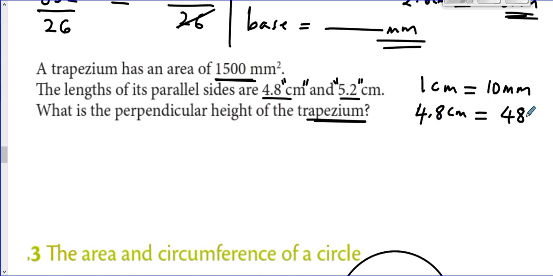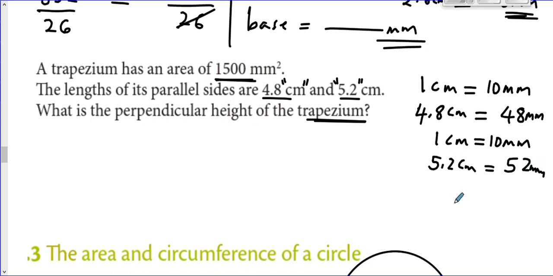So 4.8 centimeter is the same as 48 millimeter. How about 5.2? You do the same thing, that 1 centimeter equals to 10 millimeters. How about 5.2? That will be equal to, you cross multiply, so it will be 5.2 times 10, it will be 52. The answer you get divided by 1, so it will remain 52 millimeters.